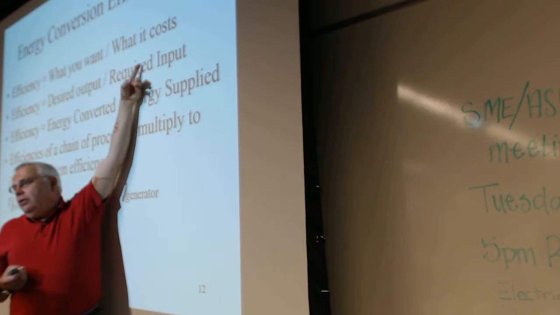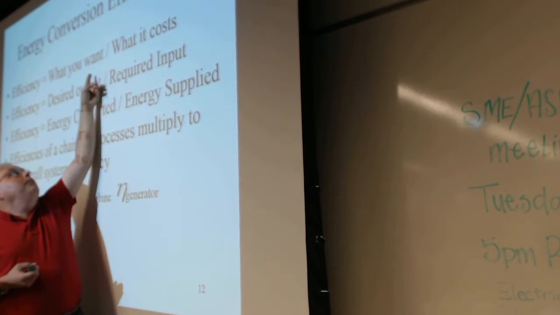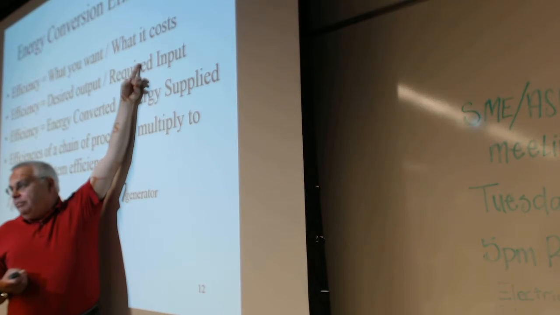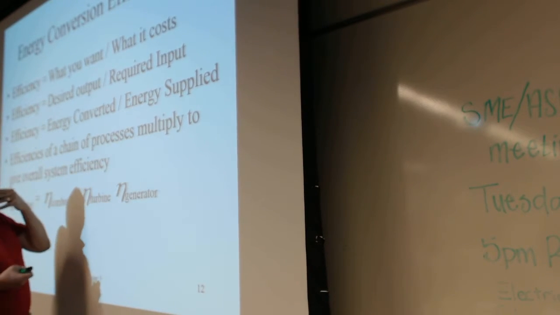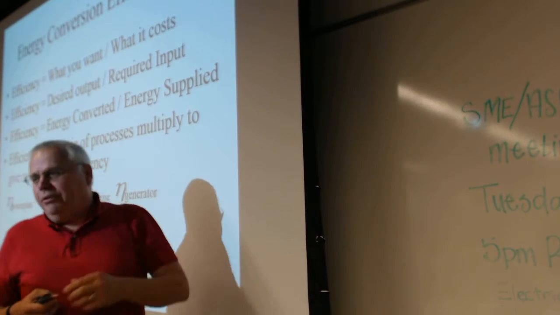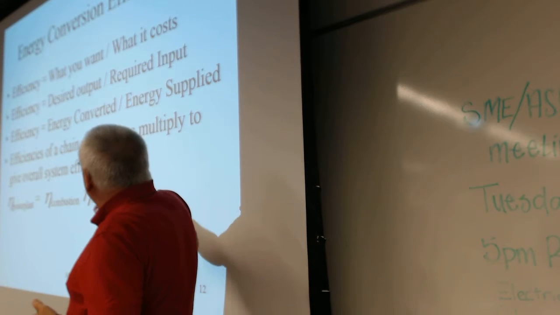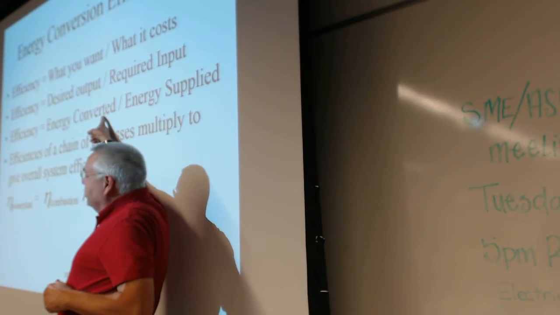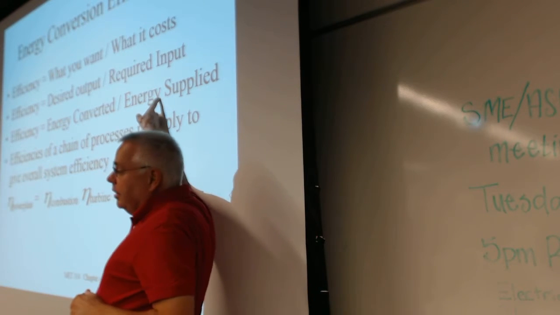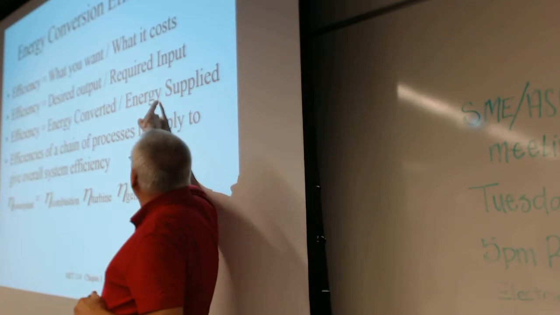Divide by what is it? How much input? This is the output. That's what you want, hopefully. What it costs you to get that output. Or you can say desired output over required input. I think that's what your book calls it. Or what was the energy that was converted that you wanted, the work that was done relative to the fuel that you put into it, energy supplied.